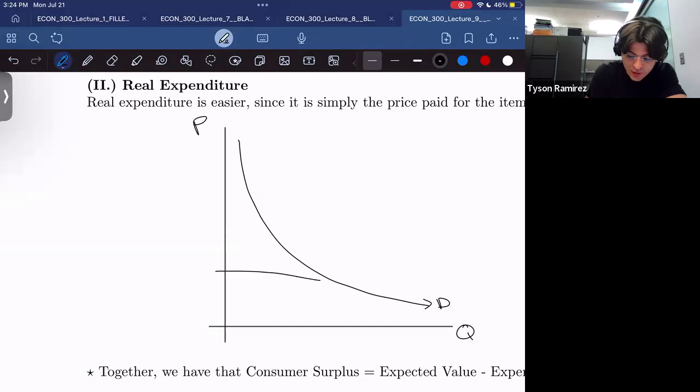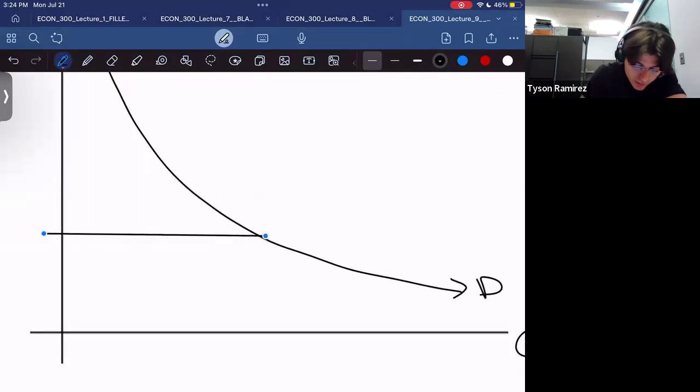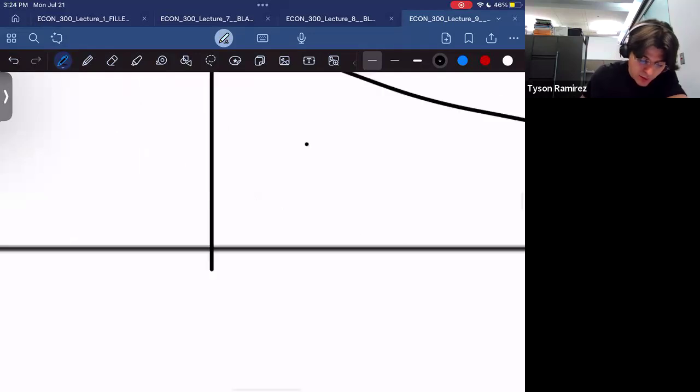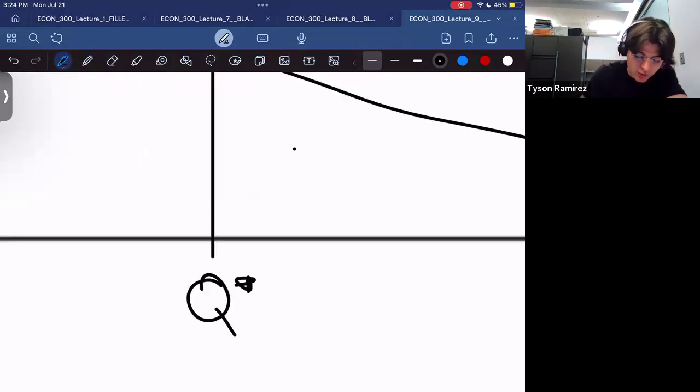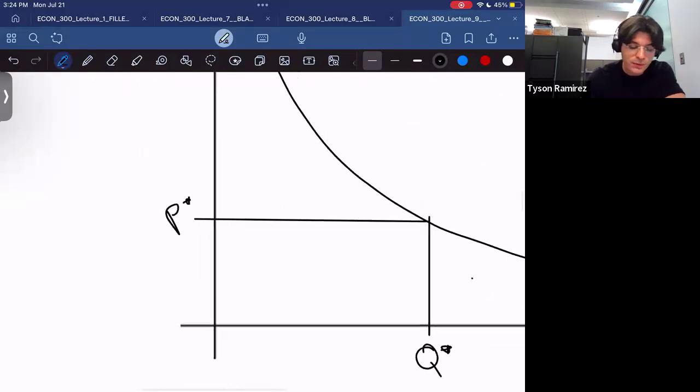And so you'll have something like that right there, and this will give us a Q star and then a P star. All right, this is the competitive market price.